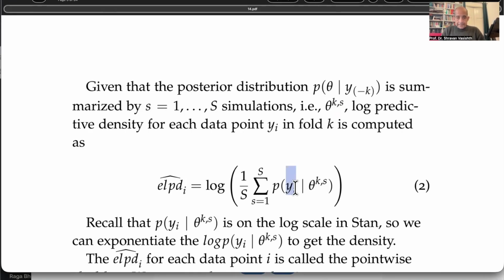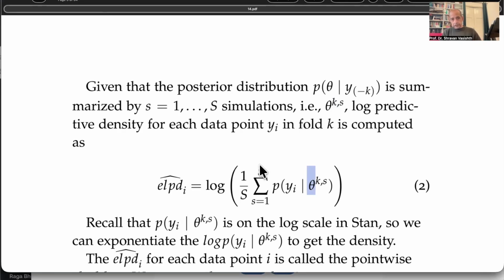We're going to take the likelihood, not the log likelihood, the likelihood, of the held out data in the kth fold, and we are going to sum up the likelihoods for all the samples that we have for theta. So let's say you have 4,000 samples.